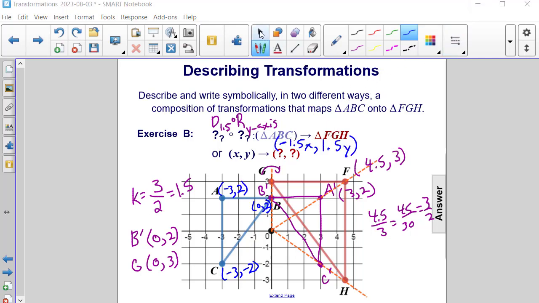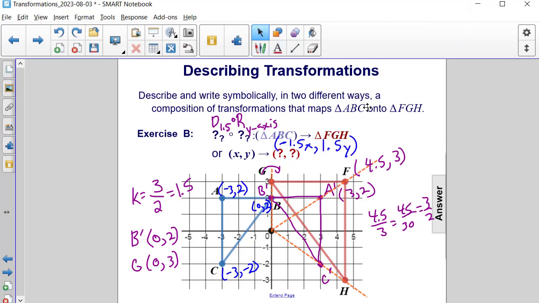Now the last section of this question that we have to answer is to describe and write symbolically in 2 different ways. Well, if I would have dilated triangle ABC first and then reflected it, I would have still gotten the same triangle FGH.